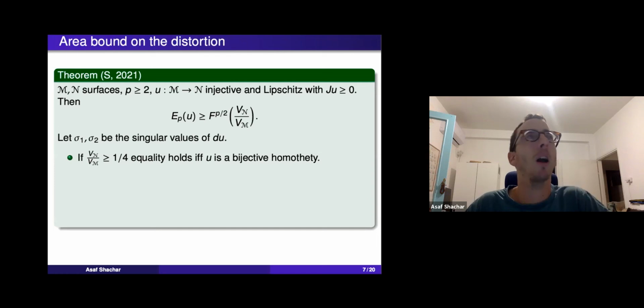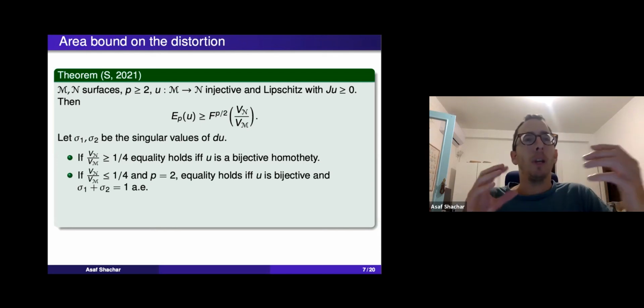And by homothety, I just mean a scaled isometry. In other words, to fix the terminology here, a homothety is a conformal map with a constant conformal factor. So it has a constant Jacobian. In other words, it's just in some sense a scaled isometry. So if the ratio of areas is greater or equal than a quarter, then the homotheties are the only maps which attain this bound.